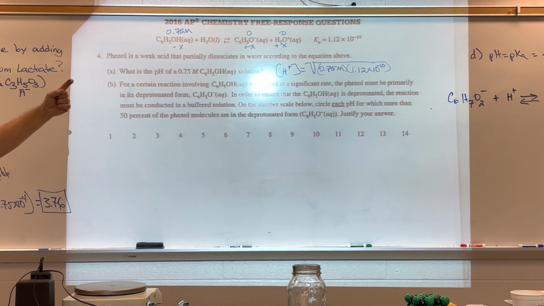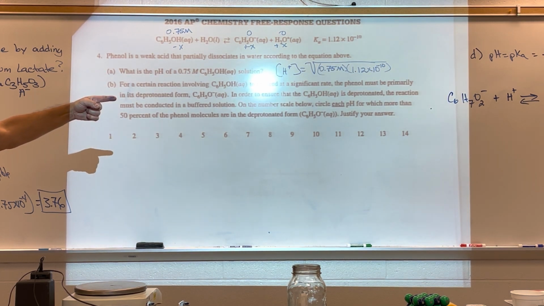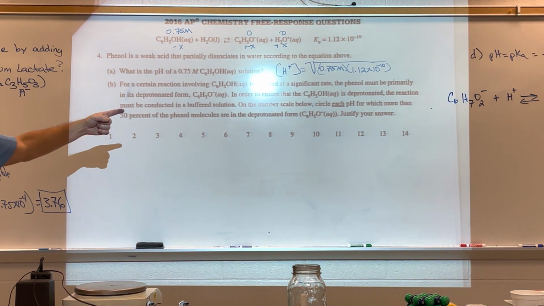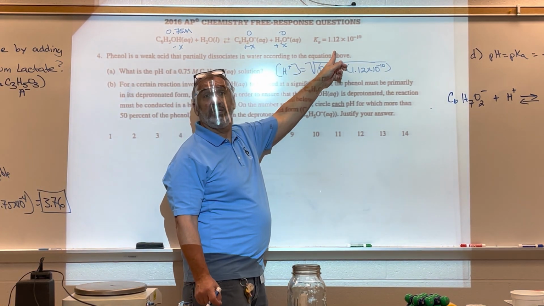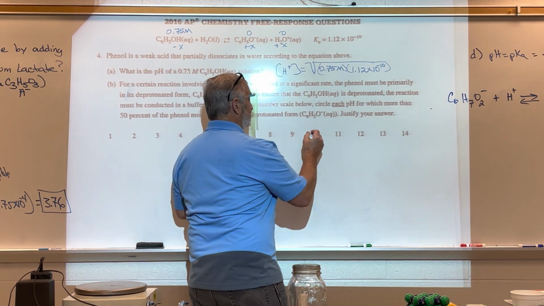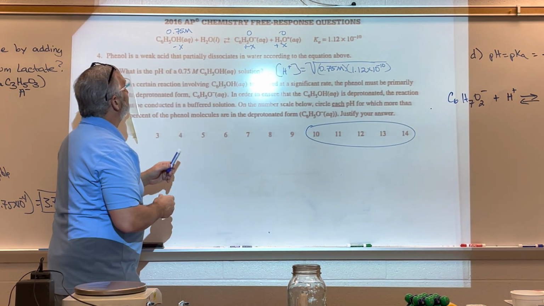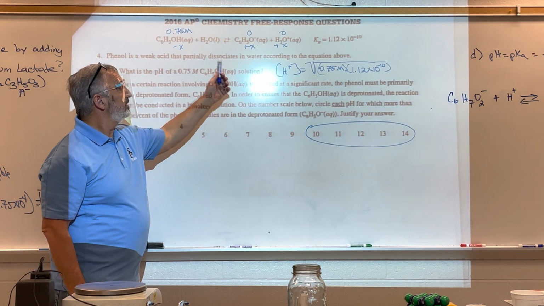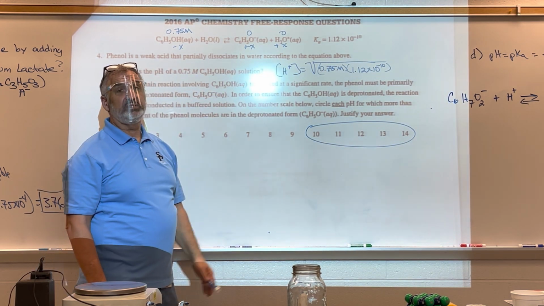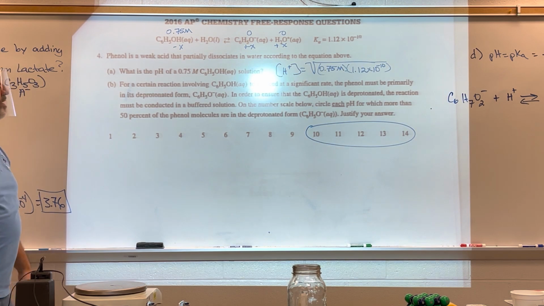So we need to be past 10. Well, actually, it probably comes out to 9 point something here. So we can say 10, all of these. Because anything over that is going to push it to the right.